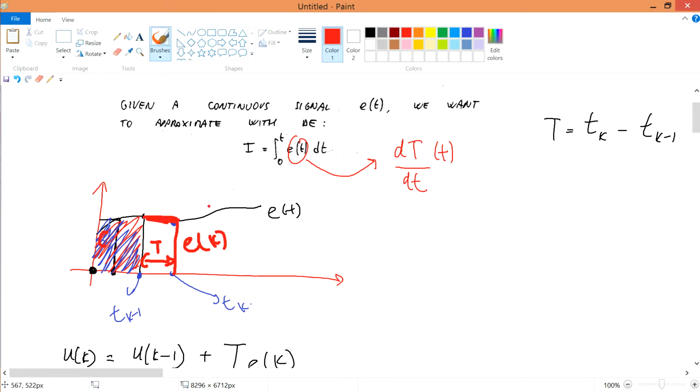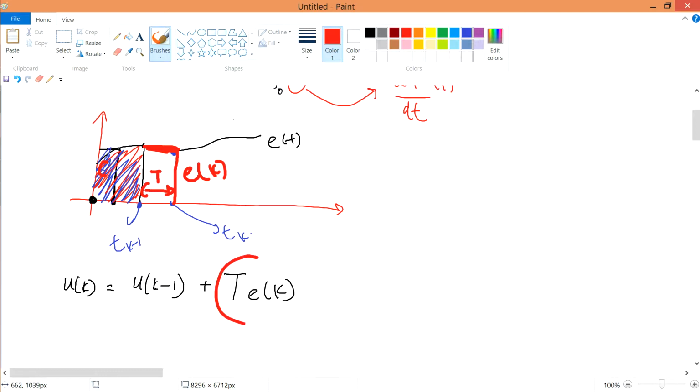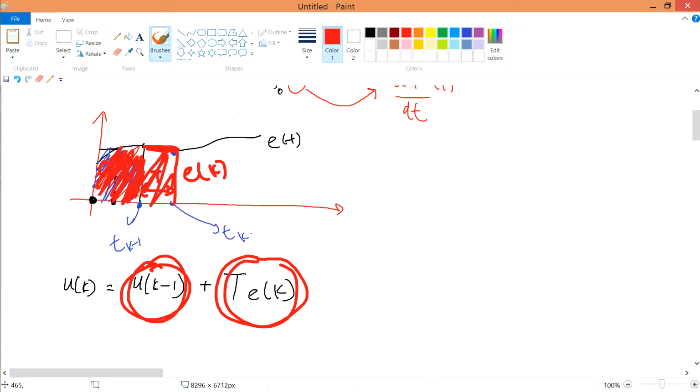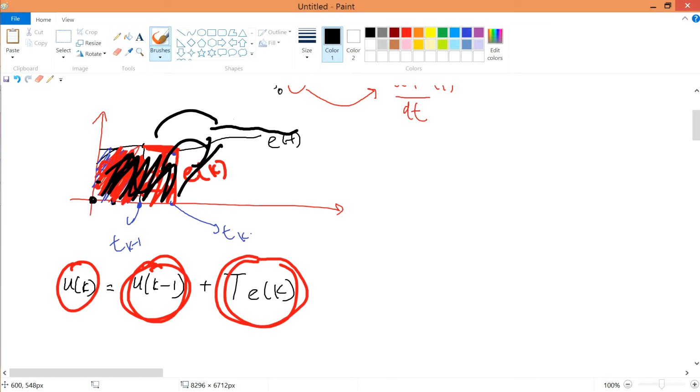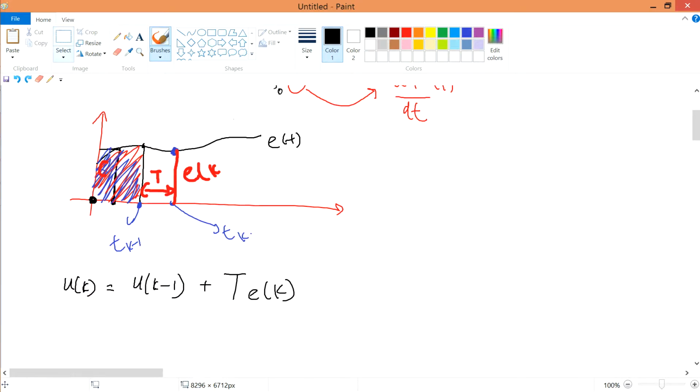So this rectangle, this t times ek, is this point plus your previous output, which is all these things. So this plus these things will give you your full system over here, area under the curve. So you keep on looping, you form the full curve all along, which is area under the curve in the digital domain.